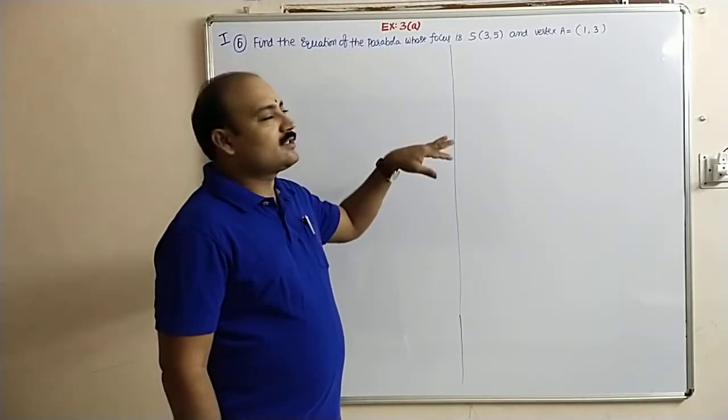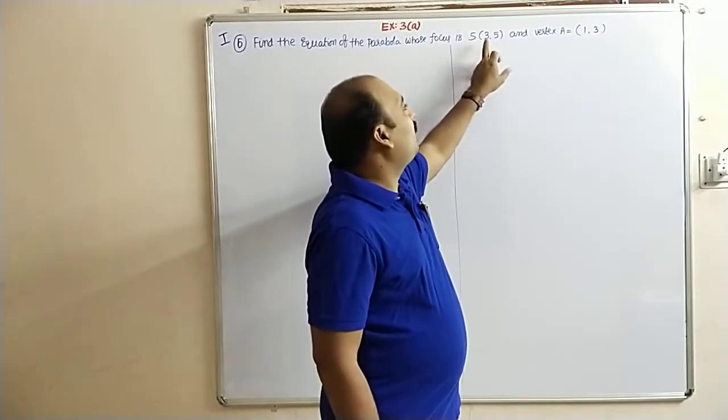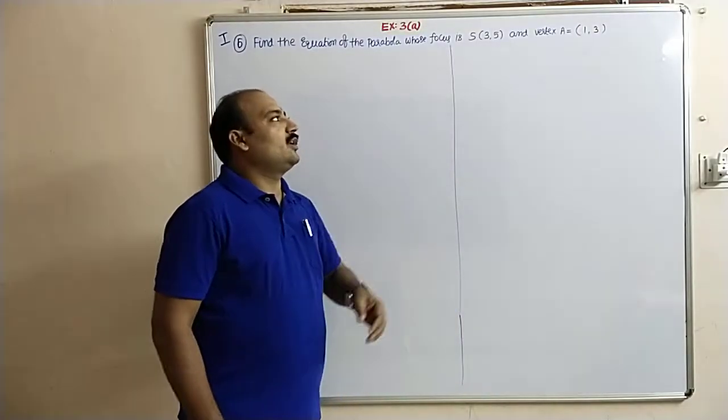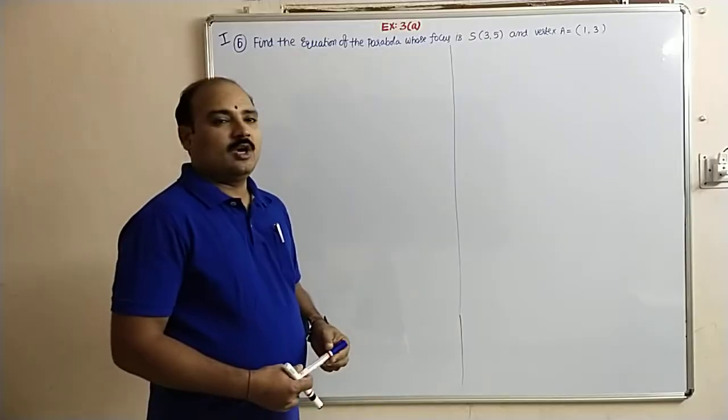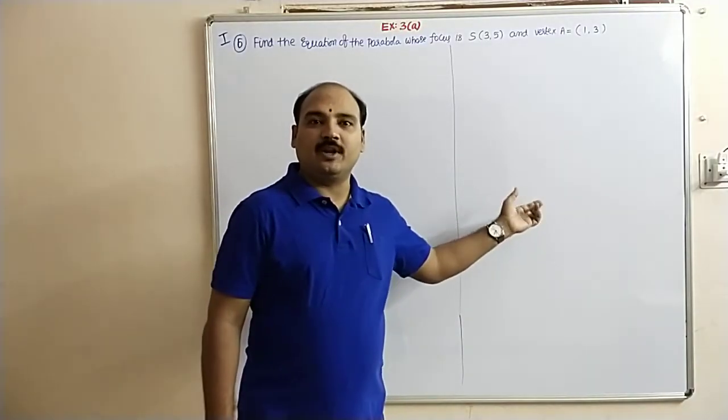But in this case there is no chance of equal x coordinate or y coordinate. So how to proceed with this type of problem? This was given in March 2019 in AP Intermediate.